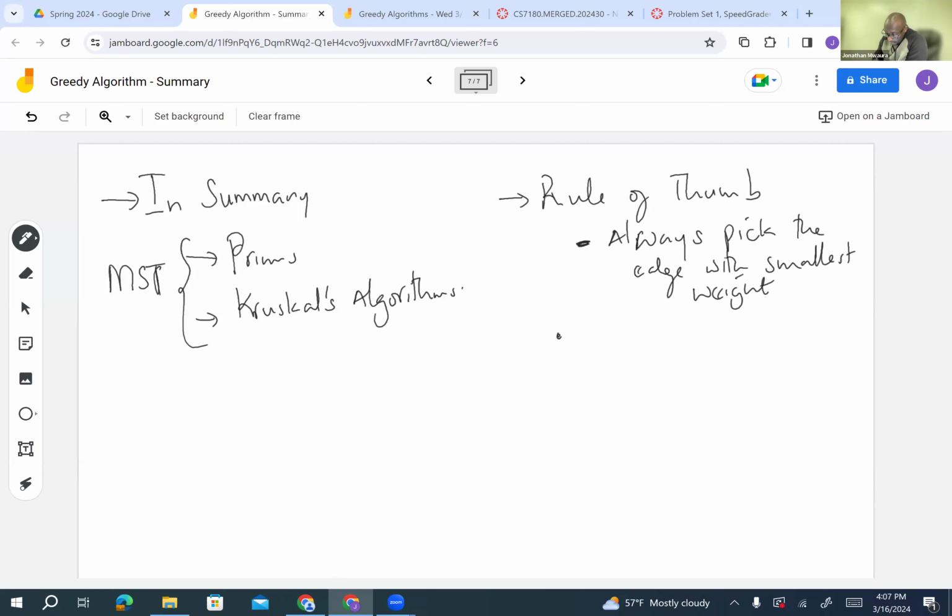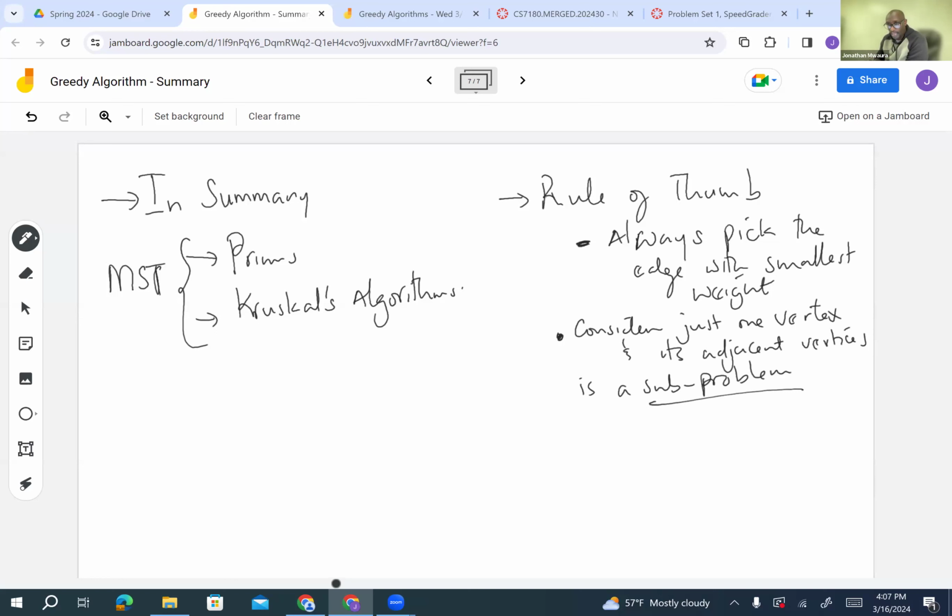Our belief being that by picking this edge, let's think about considering just one vertex and its adjacent vertices, essentially considering the edges connected to a particular vertex, as a sub-problem.